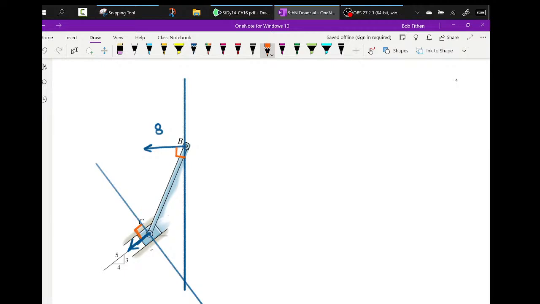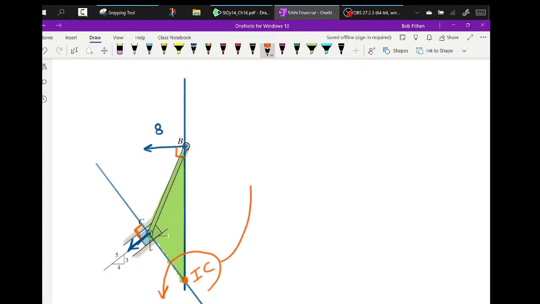Draw a perpendicular to the known direction of the velocities, and where they cross is the instant center. It can almost be viewed as though this triangle, which we'll just always call a triangle, is a rigid body which is moving this way.